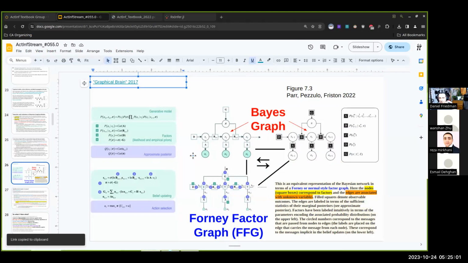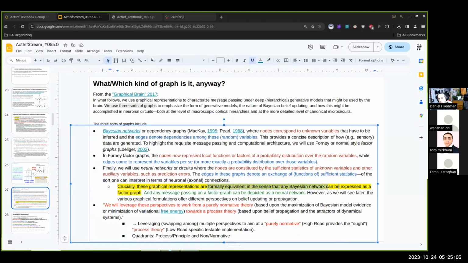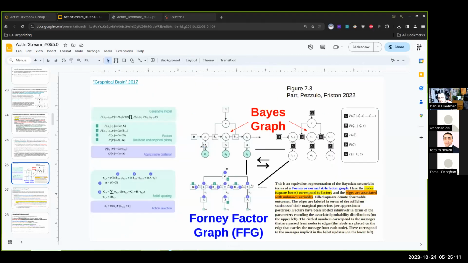Then every Bayes graph, any Bayesian network, can be expressed as a factor graph. So basically, they contain the same necessary and sufficient information. However, there are operations and procedures that can be done on a factor graph that cannot be done on the Bayesian graph representation.